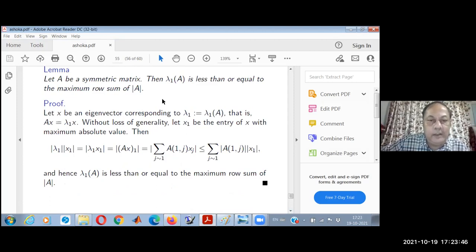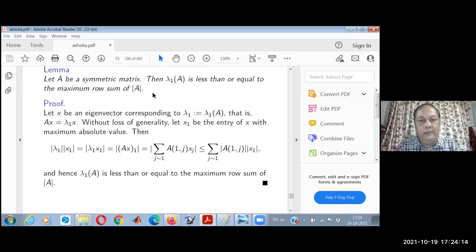For a symmetric matrix, the largest eigenvalue is bounded above by the maximum row sum after you take the absolute value of all the elements and get a non-negative matrix. It is a very simple proof. So if you have a symmetric non-negative matrix, then by Perron-Frobenius theory, the spectral radius is less than or equal to the largest row sum.